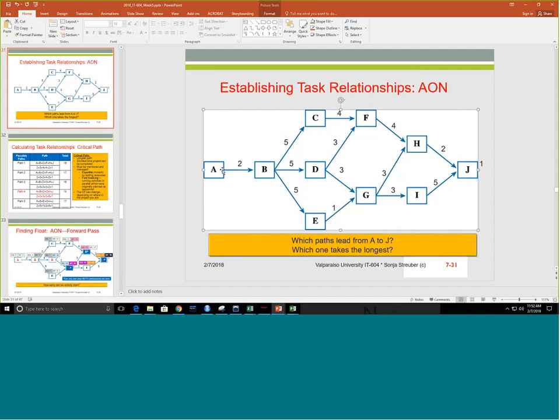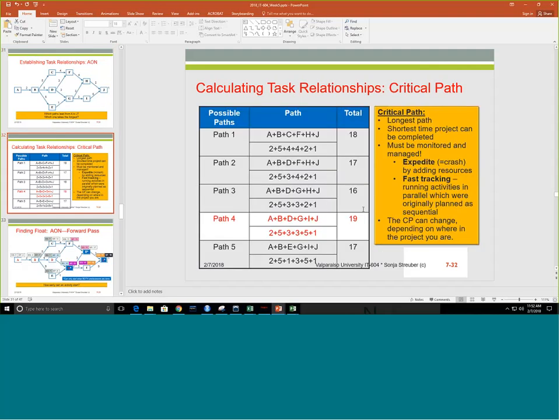Because on the critical path, whenever a task is late, the entire project is late. All the other paths are shorter than the critical path. So if on path 3, a task is 3 days late, it still does not impact the end date of the project. Anything that impacts the end date of the project would create a path through the network that is longer than 19 days.